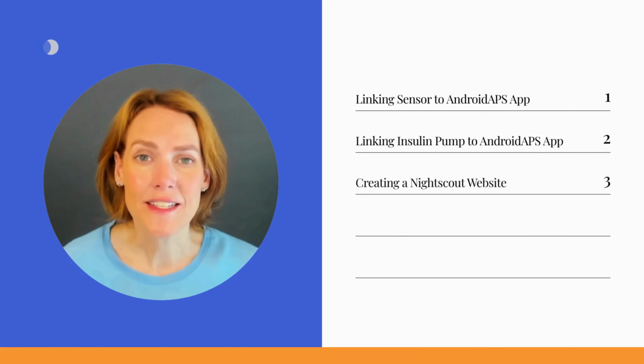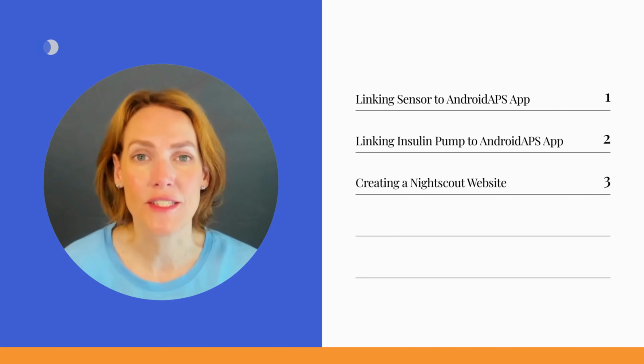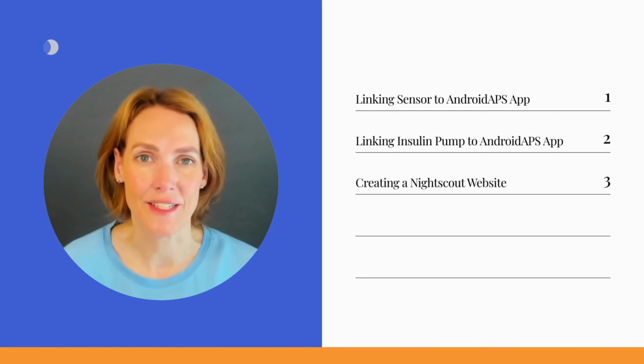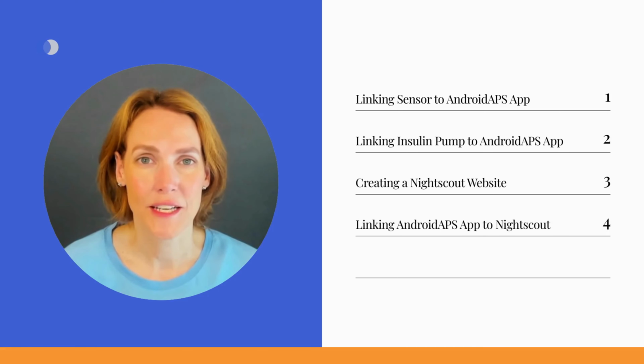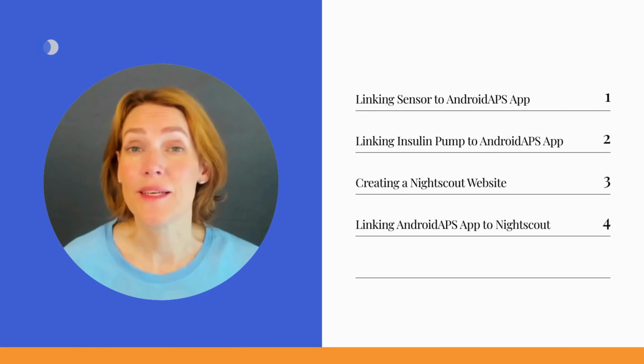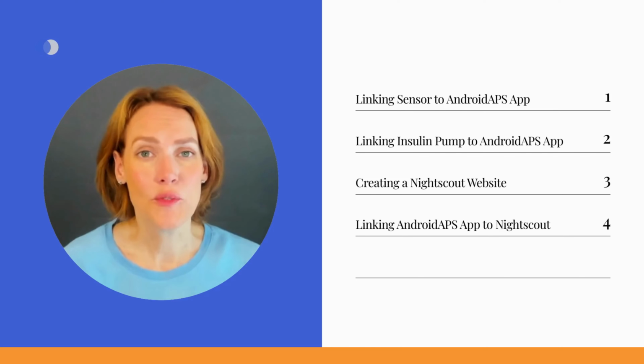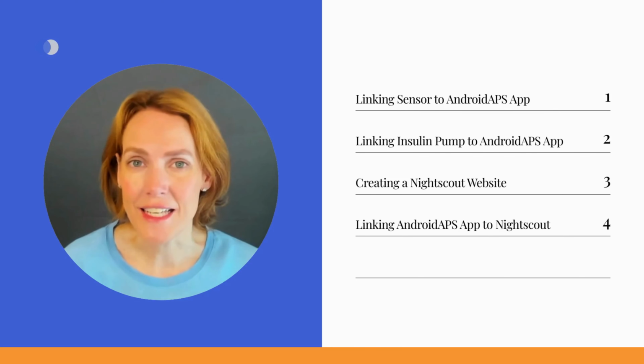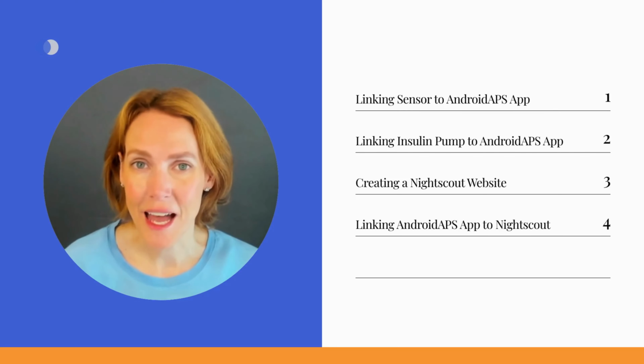The process of creating a Nightscout account, which serves as the data hub for AndroidAPS. How to establish a connection between the AndroidAPS app and Nightscout, ensuring the smooth transfer of glycemia and insulin data. And how to link AndroidAPS to your smartwatch. By following these steps, you will be able to establish the necessary links within the AndroidAPS system, enabling effective automated insulin delivery functionality for diabetes management.